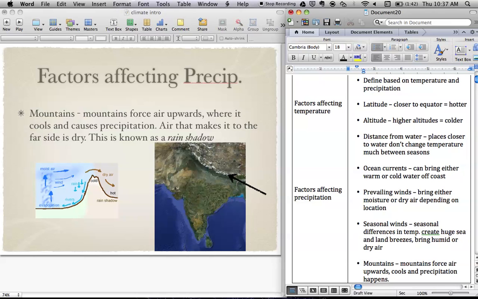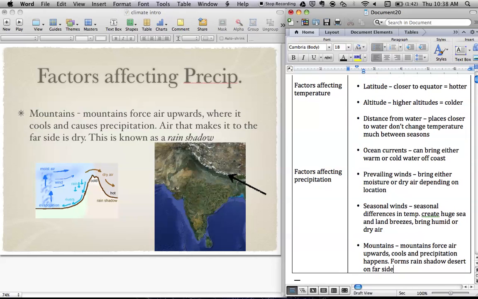And this forms what we call a rain shadow desert on the far side of the mountains. Right? You can see here in this picture, wind blows towards the mountains. As that air gets forced upwards by the mountains, it cools, so we get a lot of condensation and precipitation on the one side of the mountain. By the time that air gets over the mountain, it has no more water vapor, and so it's very dry.